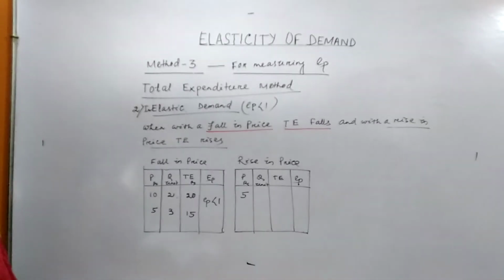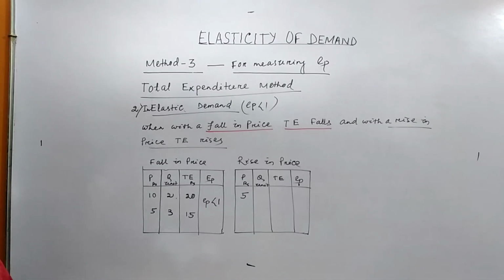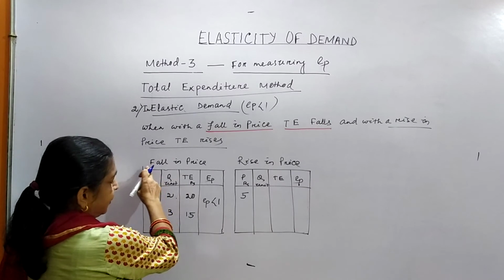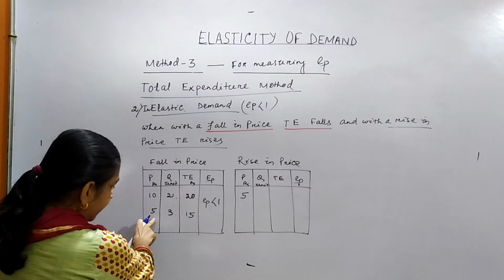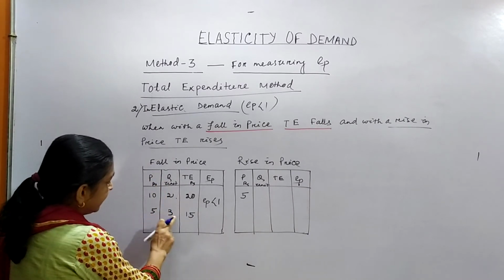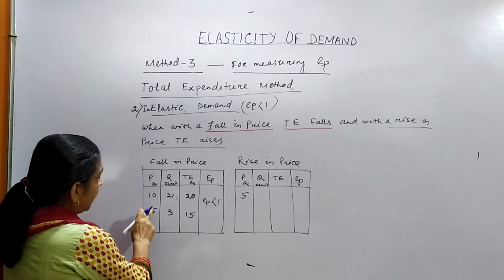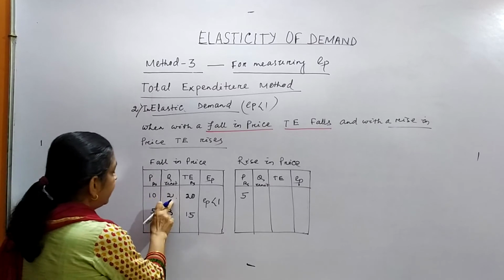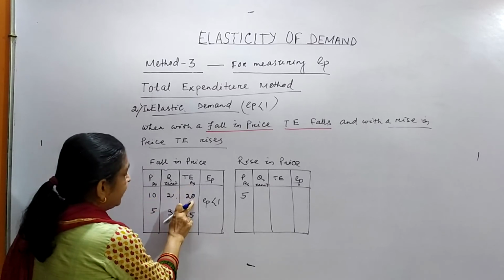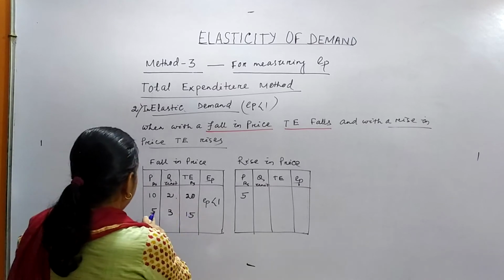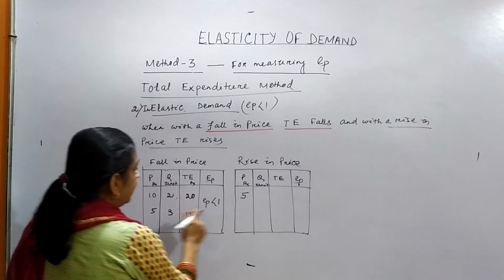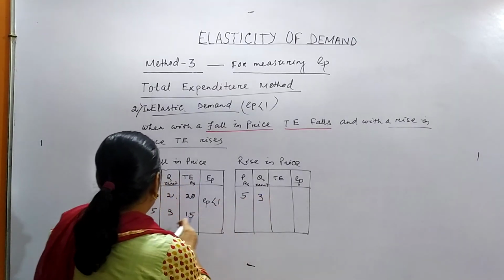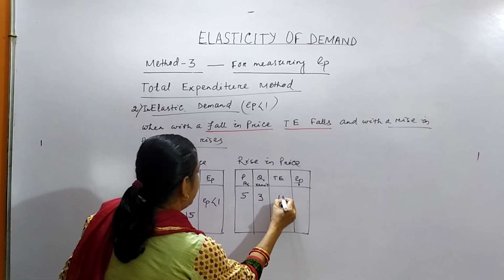We have to reverse the previous case: assume this is the initial price and initial quantity. So initial price 5, quantity 3, total expenditure is 15.